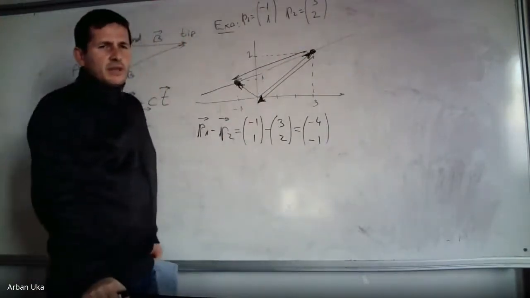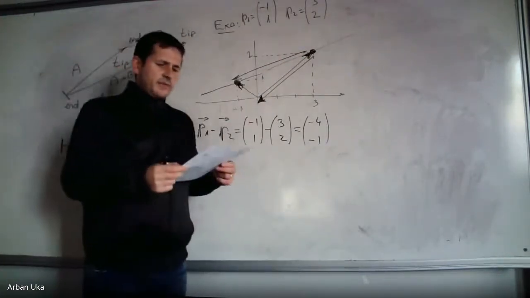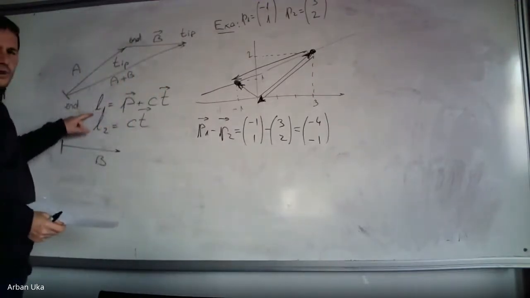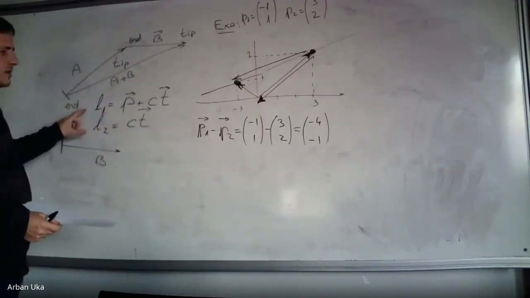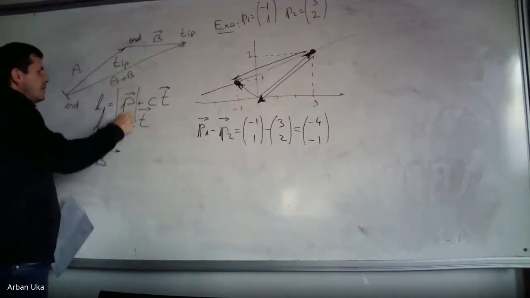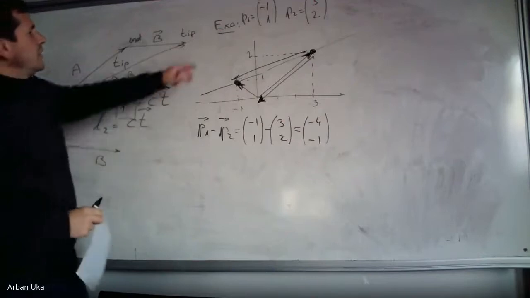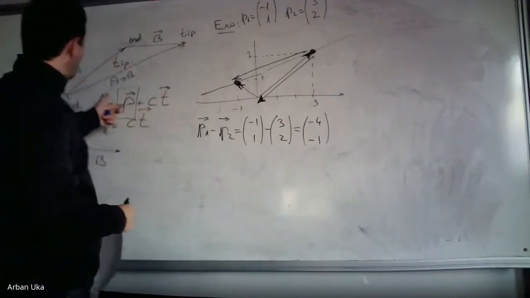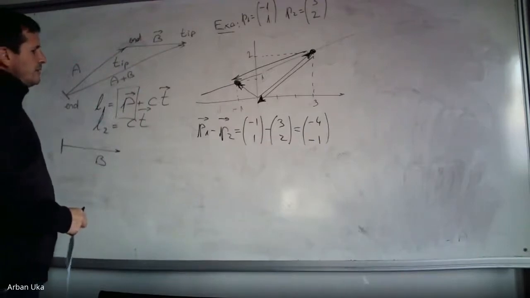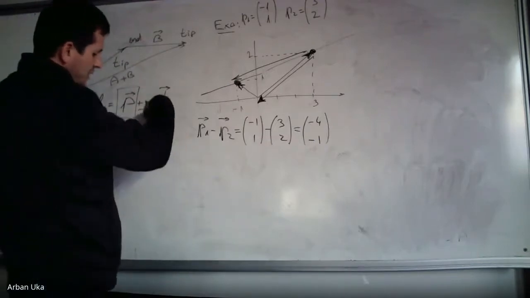And now, what did we say? We said that these two lines, L1 and L2, are parallel to each other. The only difference between them is this constant vector P. Now, let's not get confused. P1 here is actually a point, so we could use another letter. But for here, this is what we can say.